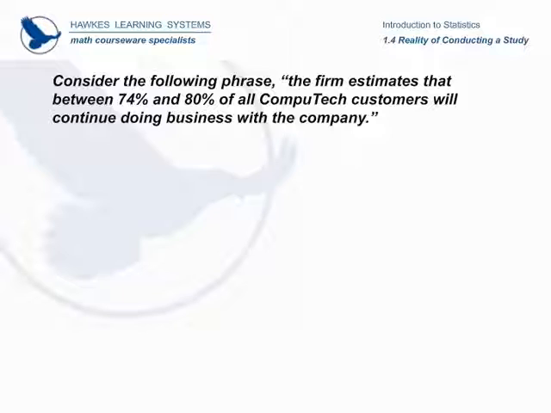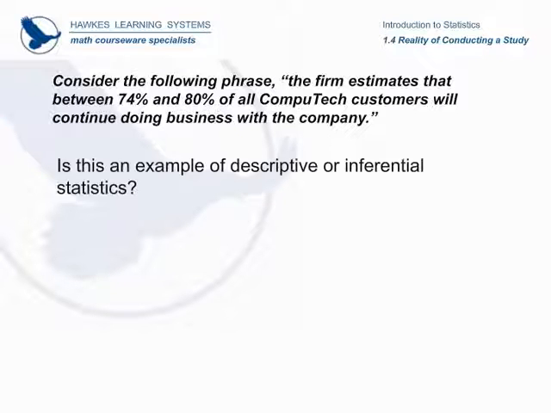A few more items to consider in terms of our story of the Computech study. Consider the following phrase: the firm estimates that between 74% and 80% of all Computech customers will continue doing business with the company. Is this an example of descriptive or inferential statistics?